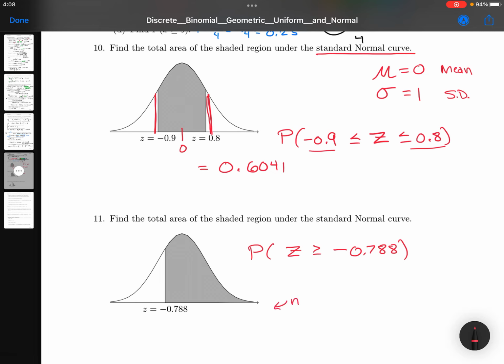When you do this on a calculator, you're using a normal CDF with a range or normal range. So your lower is your negative 0.788. Generally, you need an upper. TI wants an upper, so just do something like 1 with 99 zeros. That's 1E99.